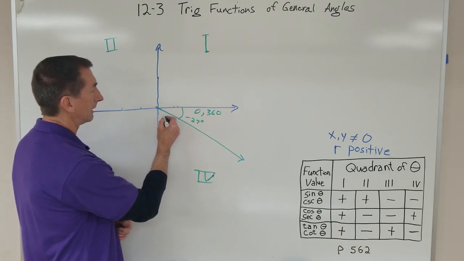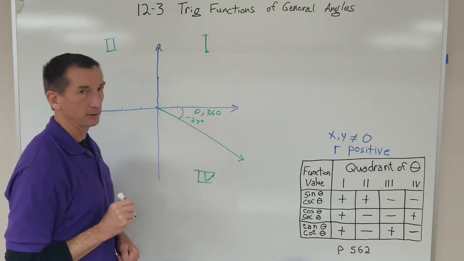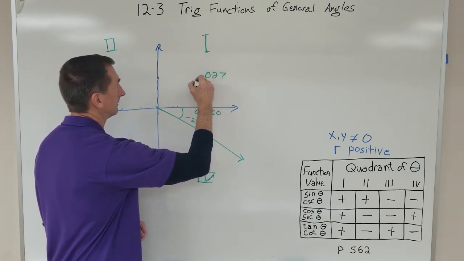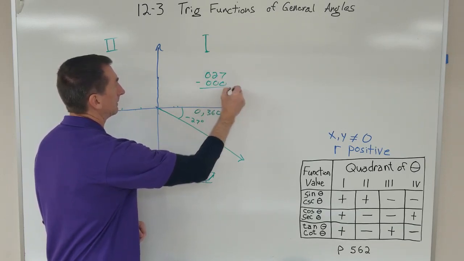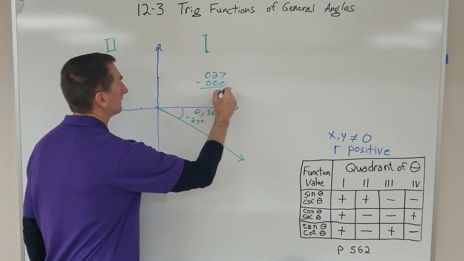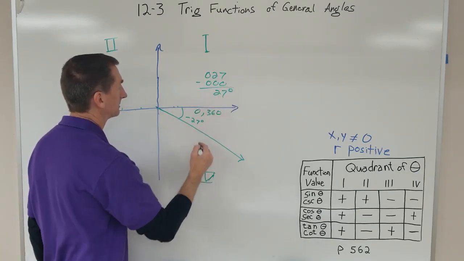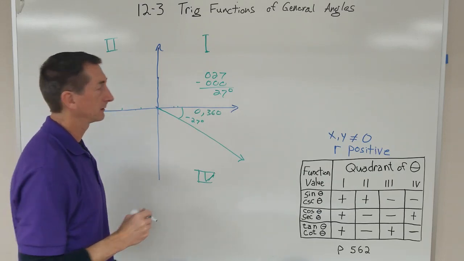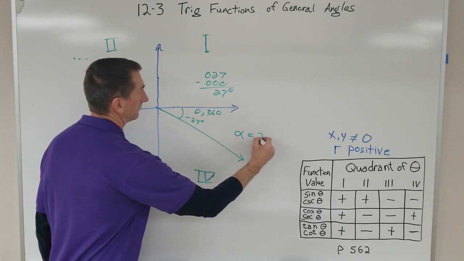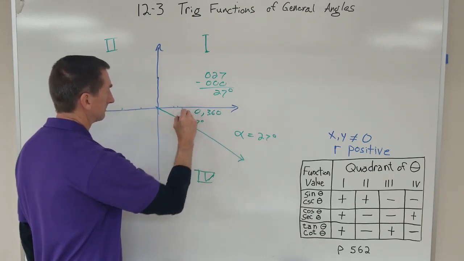So with a negative 27 degree angle, basically I'm going to take that negative 27, I'm going to subtract 0 from it, this being the 0 angle, and I get 27 degrees. So in this case, a negative 27 degree angle, the reference angle is 27 degrees. And it's already here.